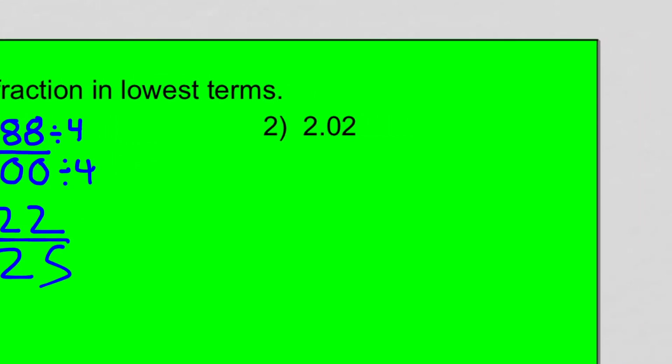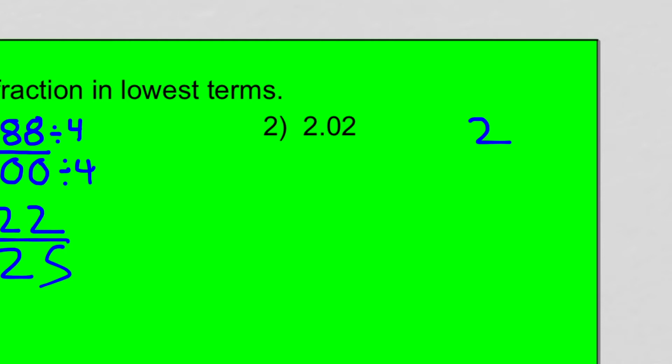Number 2, 2 and 2 hundredths. For the numerator, you take the digits behind the decimal, 0 and 2. That becomes the numerator of the fraction. However, I don't need that 0 there, so I can just erase it, because it's still the number 2 without the 0.